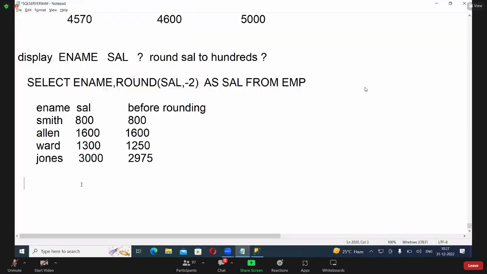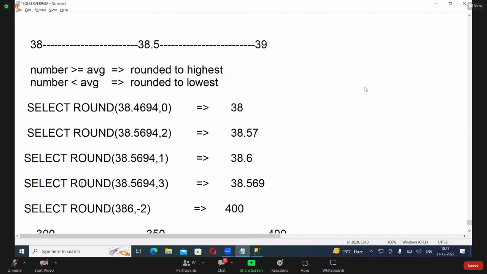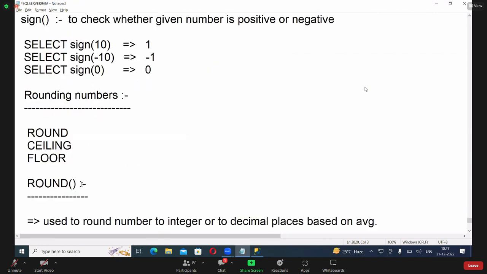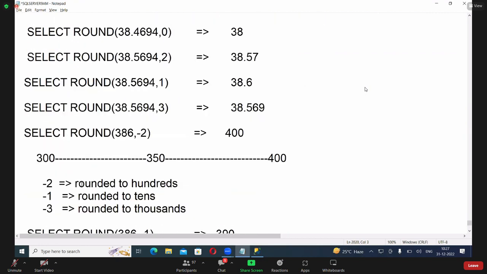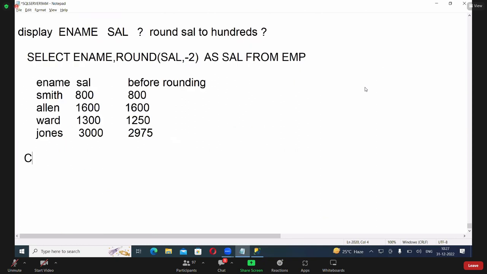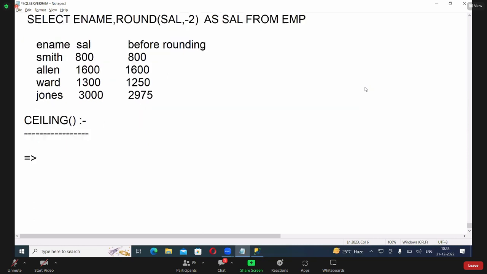So this is the round function. What is the next one? Ceiling. But here, round acts according to what? The round function either rounds the number to the lowest or highest, depending on the average. But ceiling will not check the average.